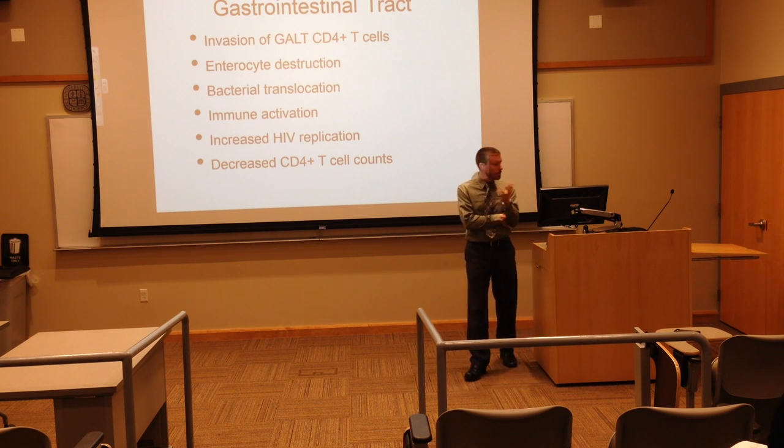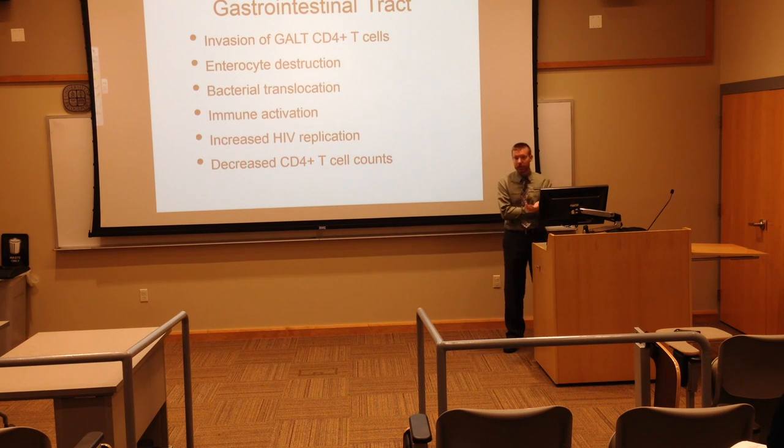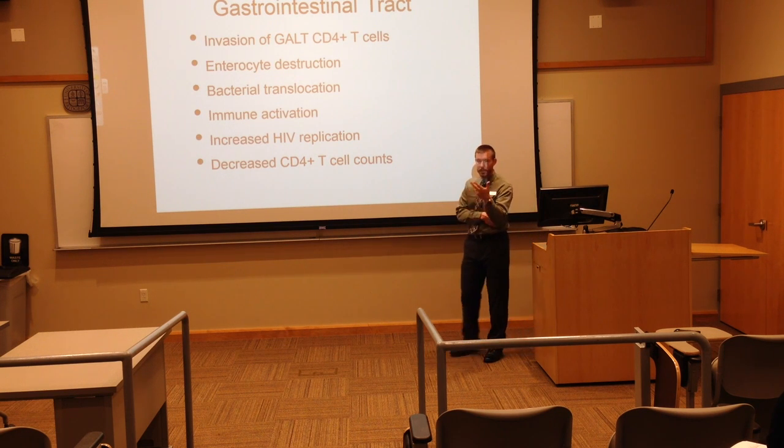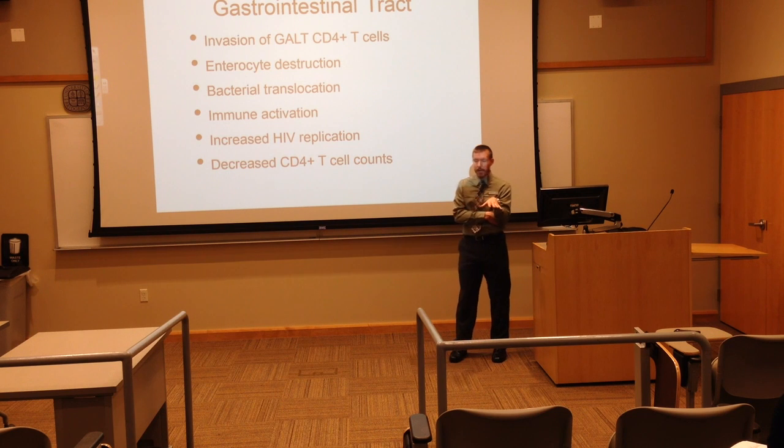So we get that microbial translocation, that's going to increase the inflammation. Not necessarily from the CD4 positive T cells, because they're being invaded, depleted, destroyed. But macrophages and dendritic cells are being activated, they're secreting the inflammatory cytokines, whether that's TNF-alpha or interleukin-6, and that's causing our chronic inflammation.